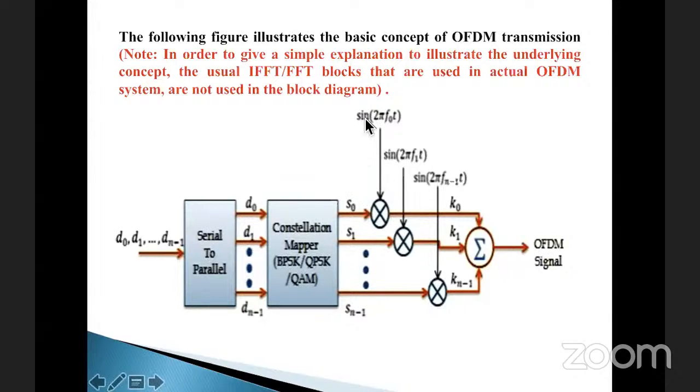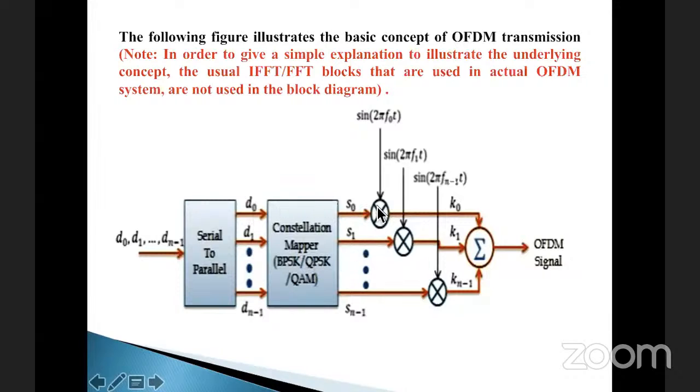The carriers are f0, f1, up to f of n minus 1. And I take the data. We wait for serial to parallel conversion, because I'm using a QPSK or QAM format. In this example, suppose I'm taking 4 carriers and my constellation is QPSK.